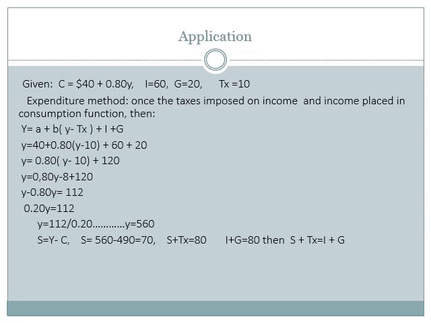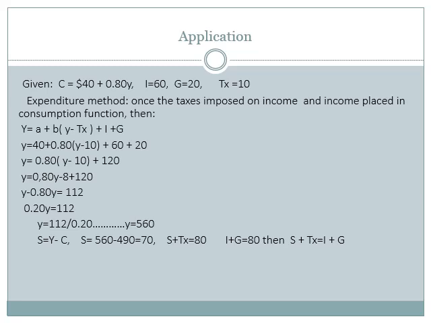Let me show how to deal with taxes using the expenditure method. You know that Y equals C plus I plus G. This is the expenditure method for the three sectors model. C, as you know, equals a plus bY, and Y should be subtracted by Tx.